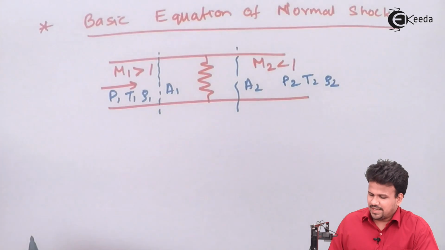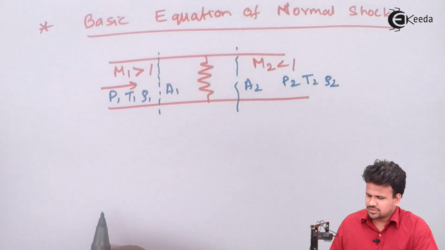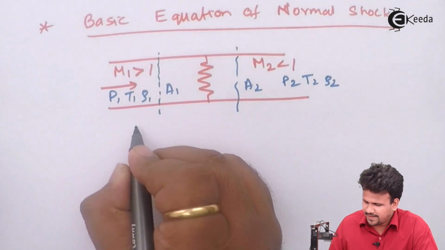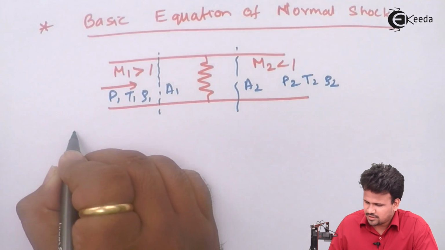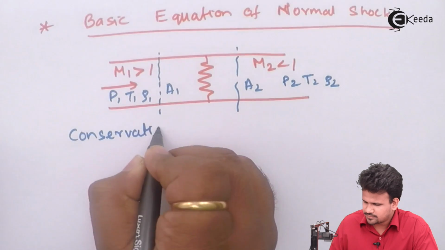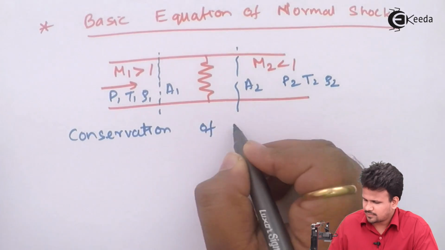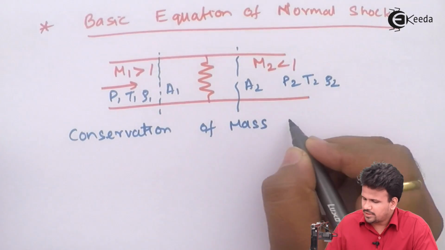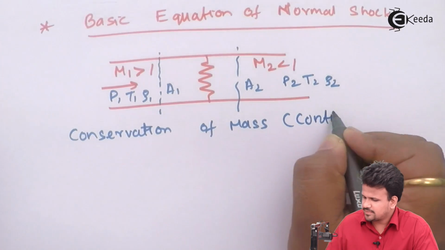So now for an ideal fluid the area is the same, so we can apply mass conservation or continuity equation.